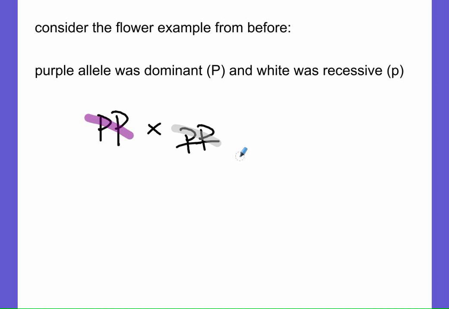So you have those two purebred lines that were being mixed. That next generation, because the purple flowers only had that dominant allele to give and the white flowers only had the recessive allele to give, that second generation were all heterozygous. And because they were heterozygous and purple's dominant, purple's the trait that showed up.